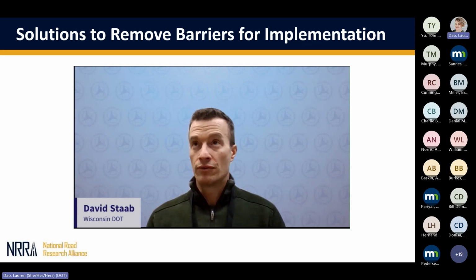I think the University of New Hampshire has done a lot of really good work that we reviewed in developing that project statement. And it's been informed by not only NRRA but other research projects that have been done in the northern states that have this issue, and we're trying to improve upon how we handle it.